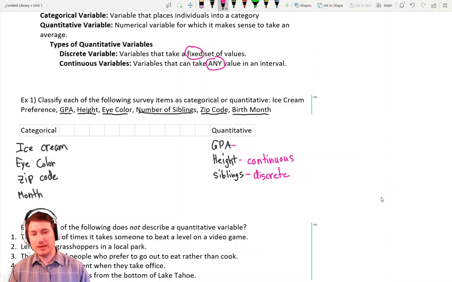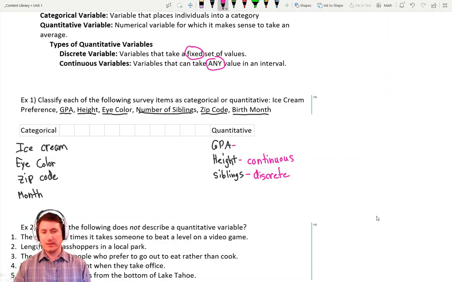Now, GPA, what about that? Could it be any number, or does it have to be a fixed set of values? And actually, this one you could sort of make an argument either way. Sometimes it's 3.1, 3.2, 3.3, 3.4, and it sounds very discrete.